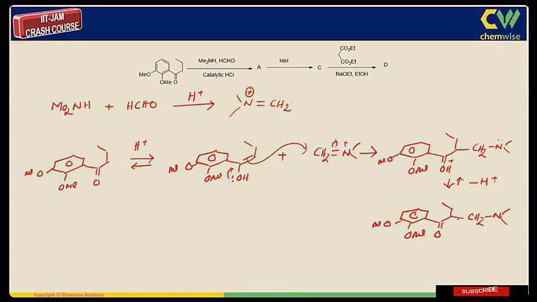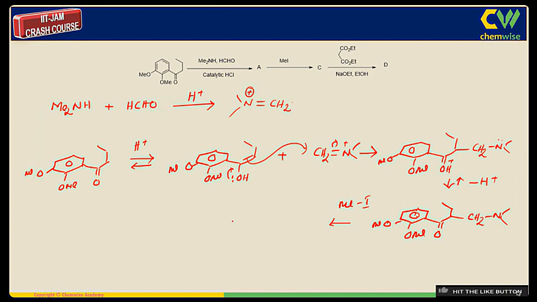Now again we are doing methylations. It is multi-step, because the Mannich reaction is a very important intermediate reaction for multi-step synthesis. That's why we are doing Mannich reaction followed by some more steps, because we don't need the product to stop at the Mannich stage.